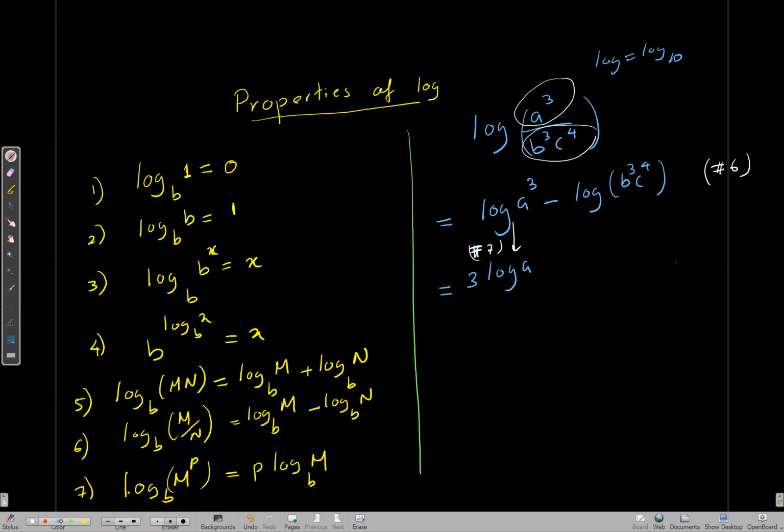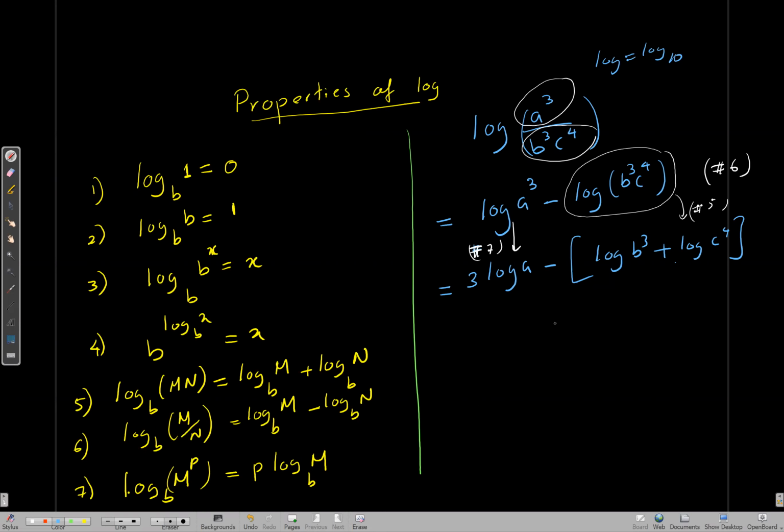And then minus, I have to use parentheses, because guys, always remember to use parentheses with minus signs. Now for the second expression, I'm going to use property number 5. So this will become log b cubed plus log c to the 4th.